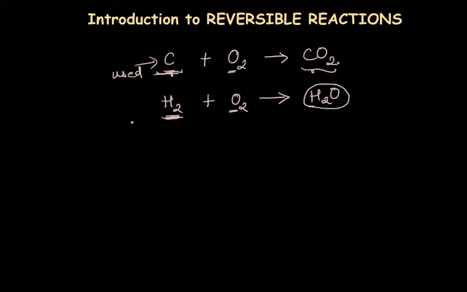So such a reaction where all the reactants get used up to form the products is called an irreversible reaction, because without applying special conditions, the products will not change back to reactants. Even the water molecule, if we don't perform another chemical reaction, cannot change back to hydrogen or oxygen. So we call such reactions irreversible reactions.